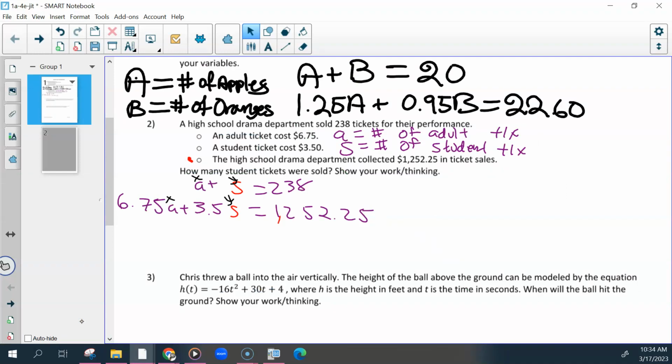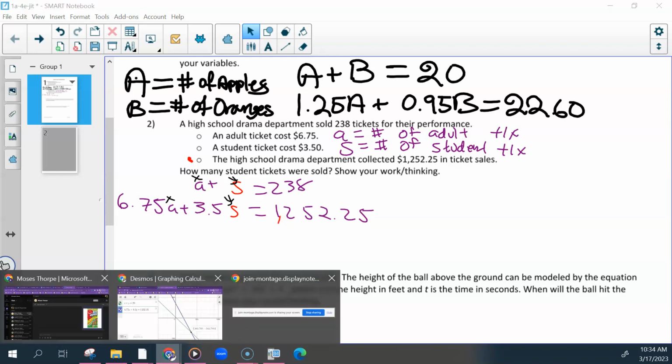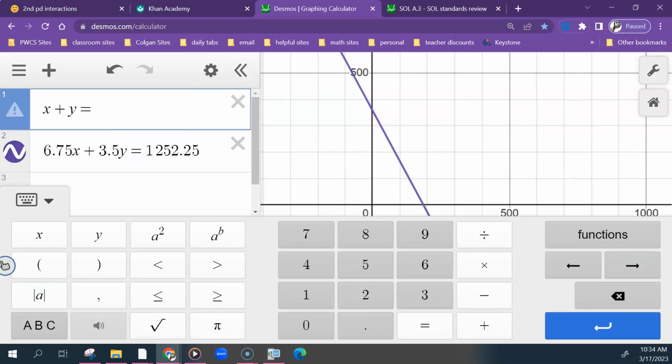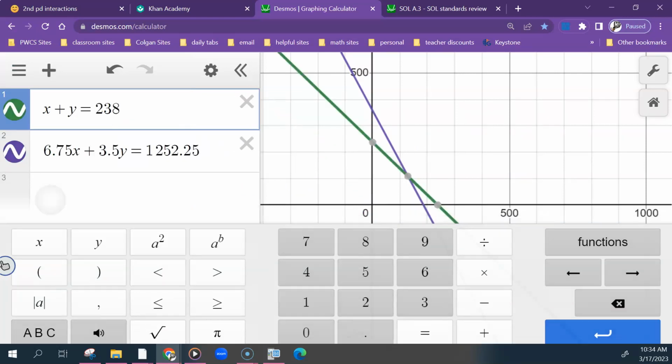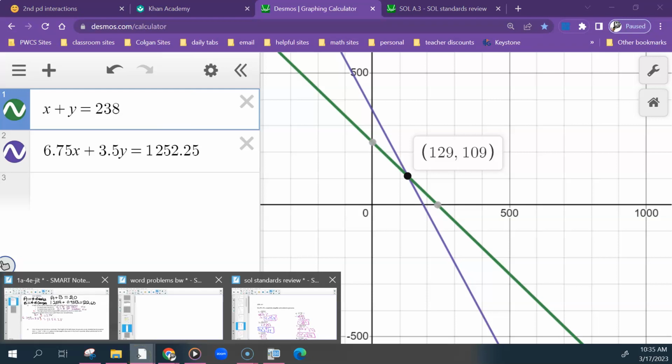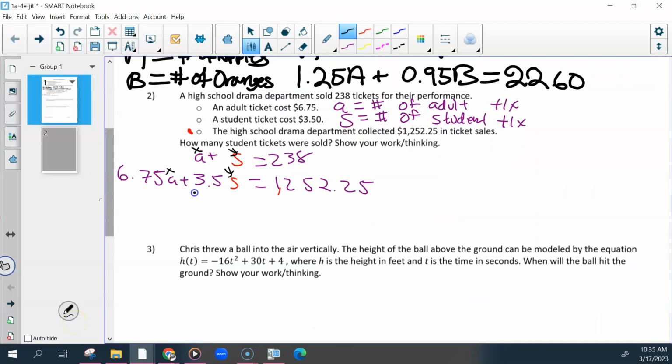Oh, I don't know. I put 20. Got it. Okay, 230. Now it's not there. So 129, 109, and then we were looking for one specific one. So number of student tickets would be your 109.